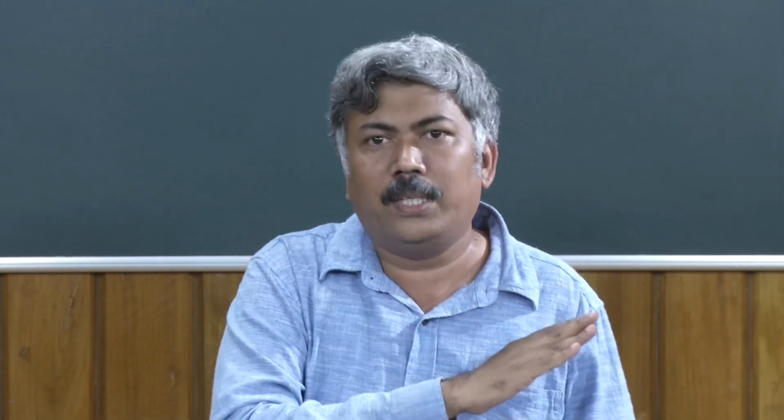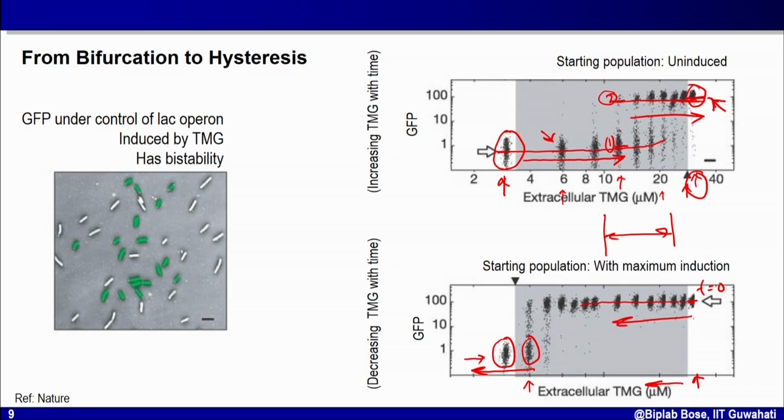The cells which were induced slowly from lower level to higher level and eventually have seen a large amount of TMG remember the molecular information, and when you try to reduce the amount of TMG, they don't fall back to the lower steady state value, but they remain at the higher steady state value of GFP for a prolonged period, and then eventually when they go out of the bistable region, they drop down to the lower steady state value. So here I have a very simple example by which bistability gives rise to hysteresis, and hysteresis is nothing in this case but a form of molecular memory.